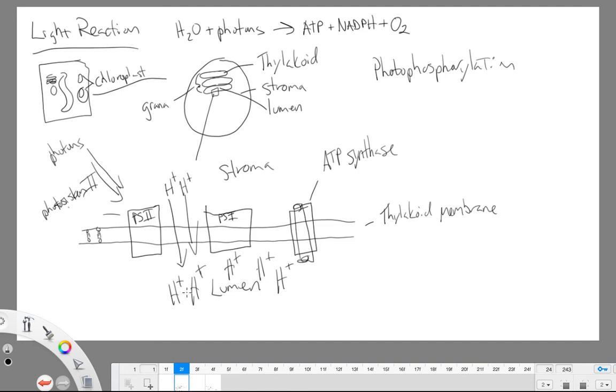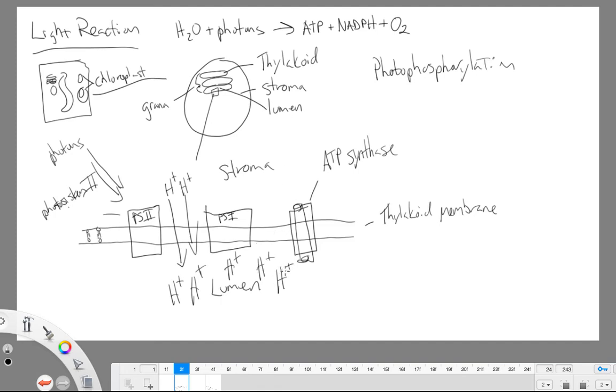So you have all this buildup of these hydrogen protons in the lumen, and eventually they want to make their way back out of this lumen into the stroma. Think of it like osmosis, where you're going from a high concentration and you want to even it out to an area of lower concentration. That's what's happening here. It's chemiosmosis. So you have a high concentration buildup in this lumen, and these hydrogen protons want to make their way back out into the stroma.